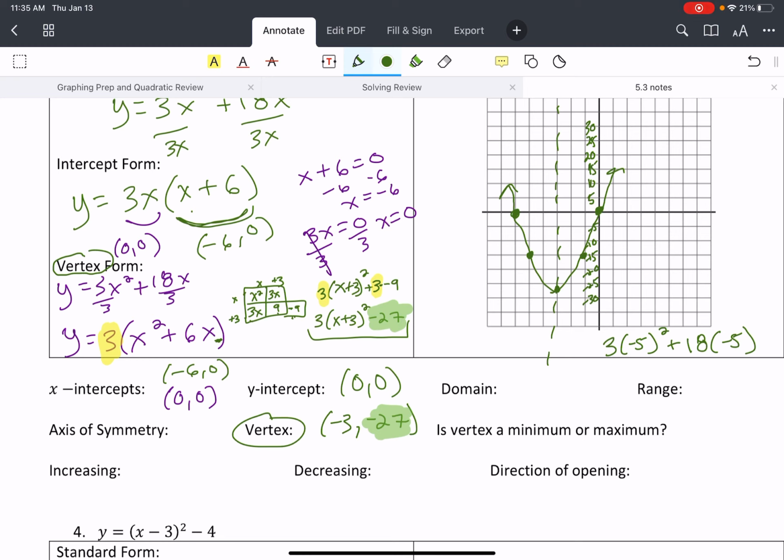And I'm going to plug it in. So then I'd go through and do 3 times 25 plus 18 times the -5. I got -90. So 75 minus 90 is still -15. So notice I'm still getting that. You just have to go through the actual math to get it.